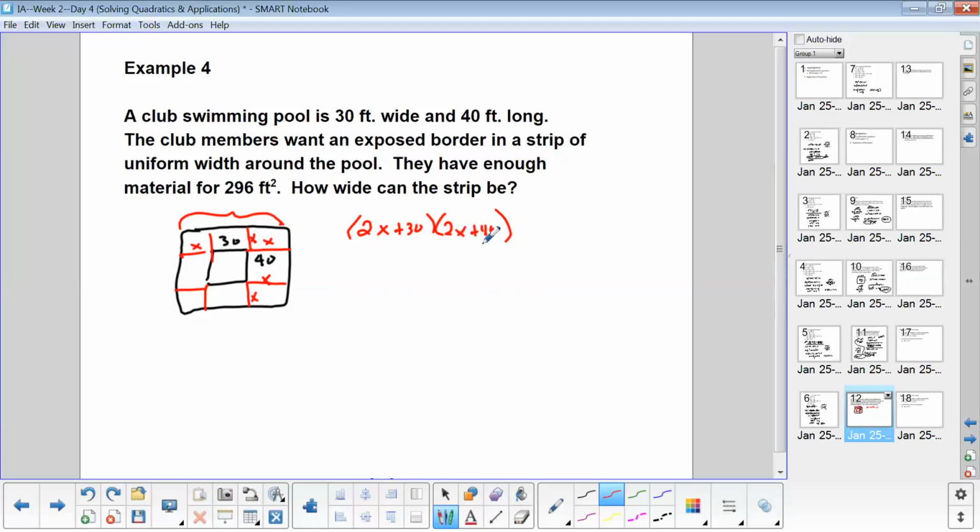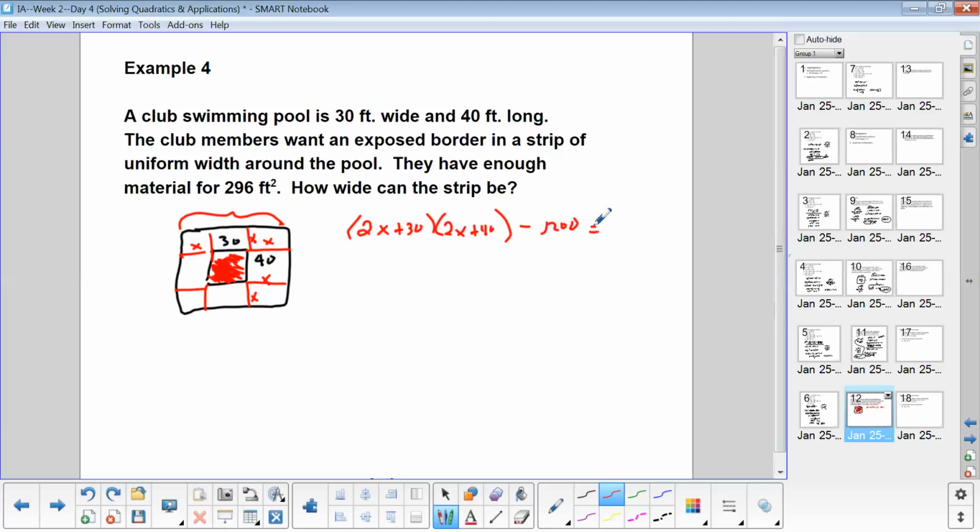Now I want to know how long the strip, or how wide the strip is. So if I were to subtract out this area, then I would be able to know and begin solving for that x. So what I'm going to do is subtract 1,200, because that's what the area of the pool would be.